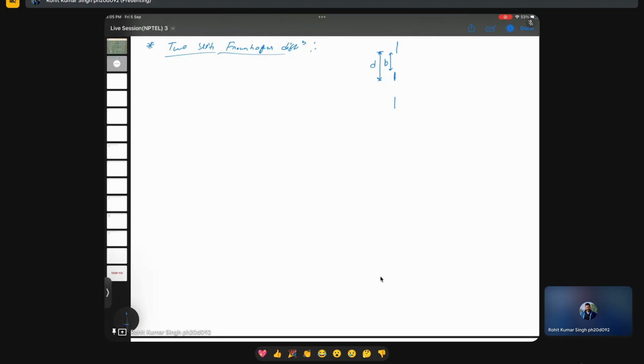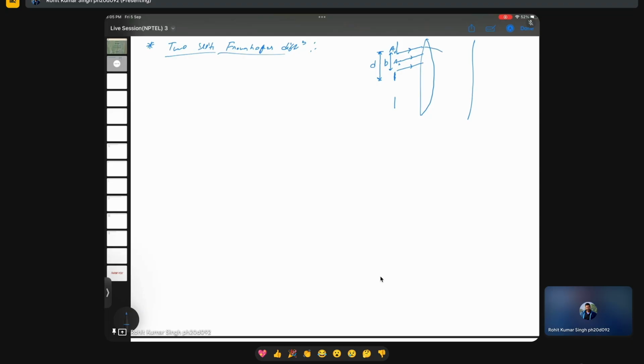Like A1 and A2. Suppose from A1 there is a light ray going like this, A2 going like this, and so on.